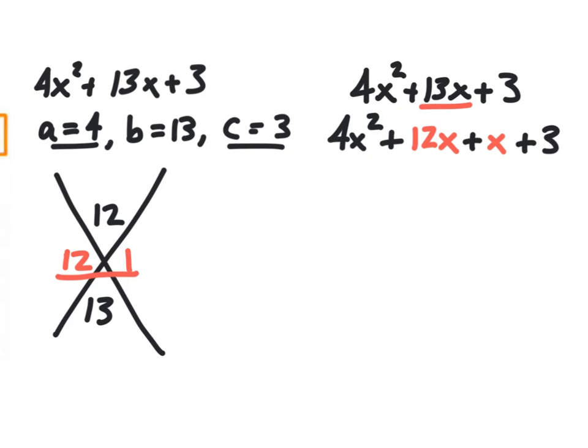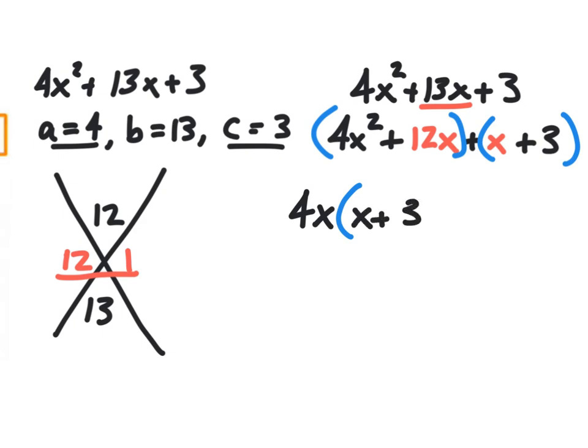So now I want to group them. I'm going to group these first two terms and these last two terms. And I have to say, well, what can I factor out of this? The answer is a 4x. If I factor out a 4x, then I'm left with just a single x plus 3. And that's a good thing because that's what I've got over here. So then I've got plus the quantity x plus 3.